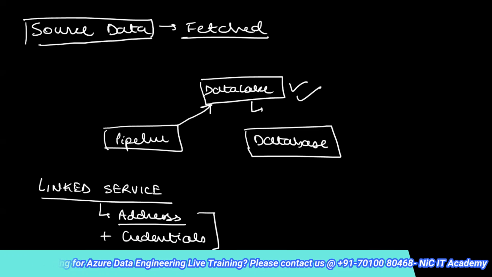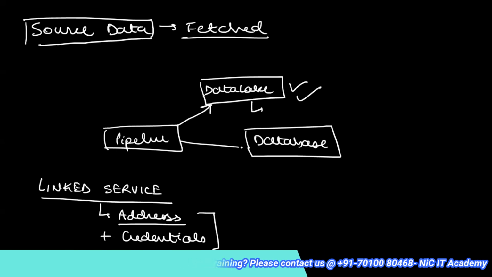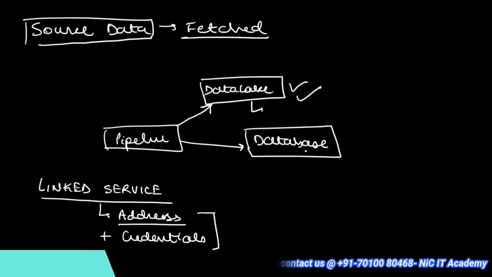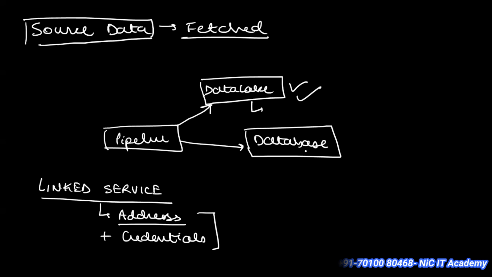Yes or no? Do you understand this? Very simple terms. From any pipeline that I create, if I want to connect to any data store, a SQL database, do you authenticate onto it using the username and password if you've selected SQL authentication? Yes, you need to authenticate on the SQL server using the username and the password. That is also authentication.